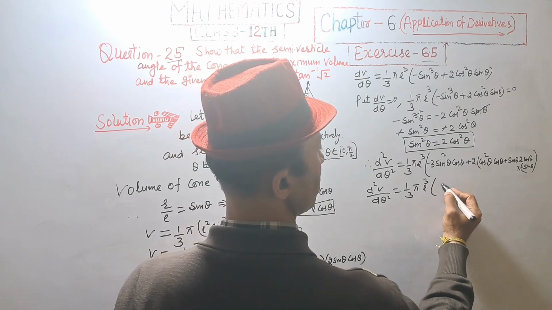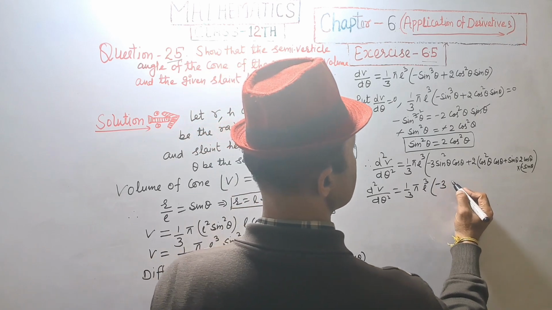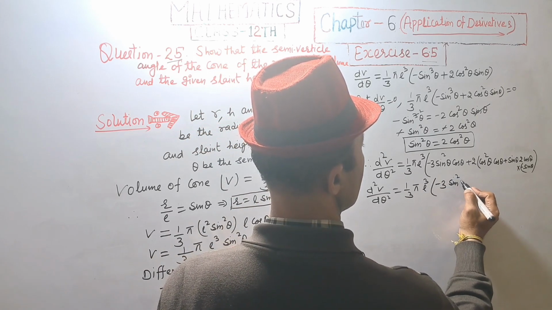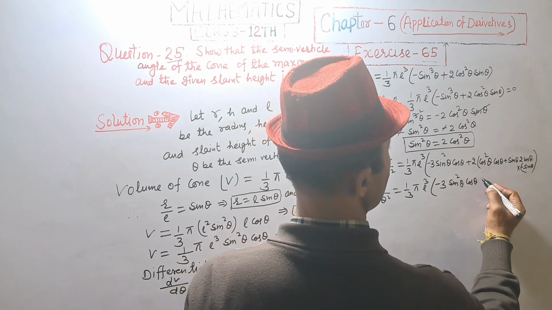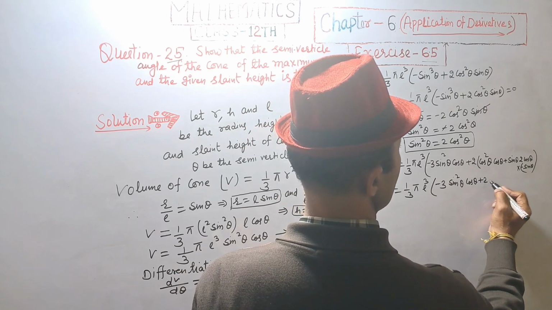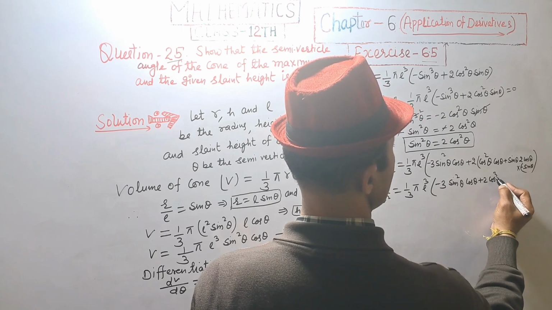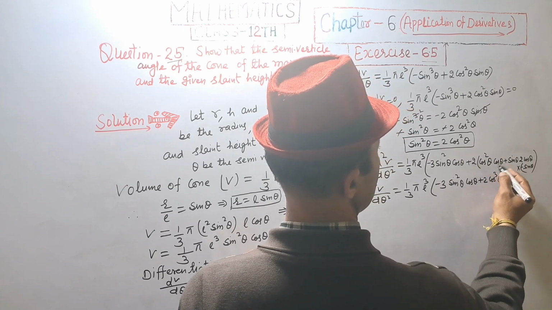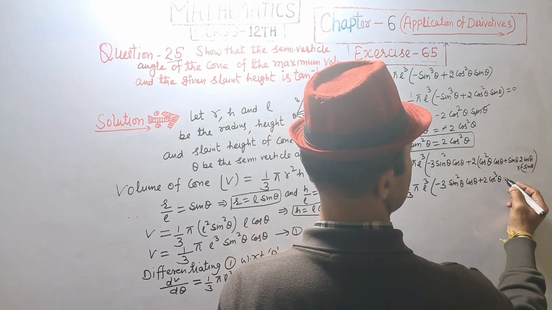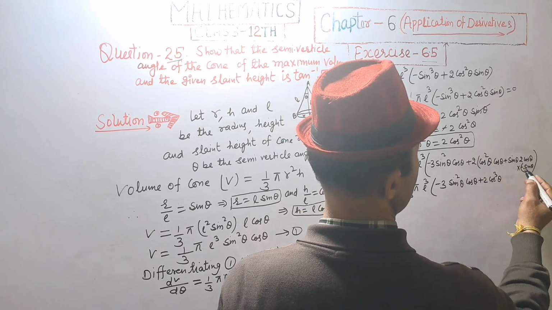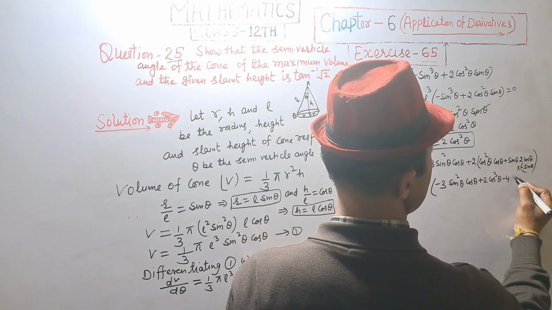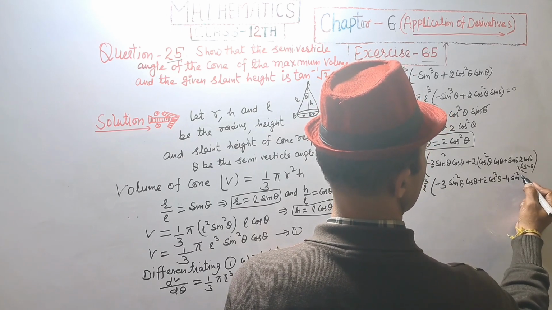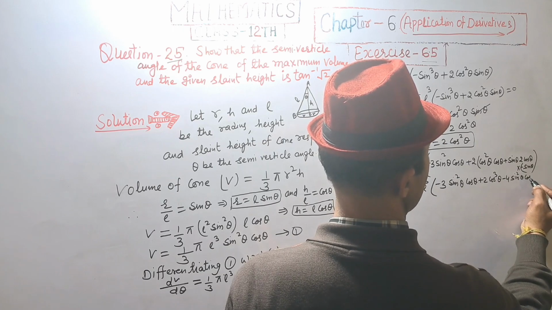So d square V upon d theta square is equal to 1 by 3 pi L raised to power 3 into minus 3 sin square theta cos theta, and multiplying in the bracket, plus 2 cos cube theta, cos square theta into cos theta, that is cos cube theta, 2 2s are 4, minus 4 sin square theta cos theta.